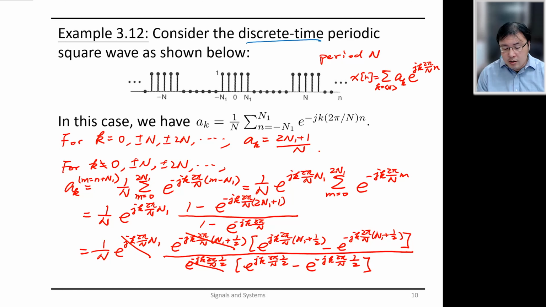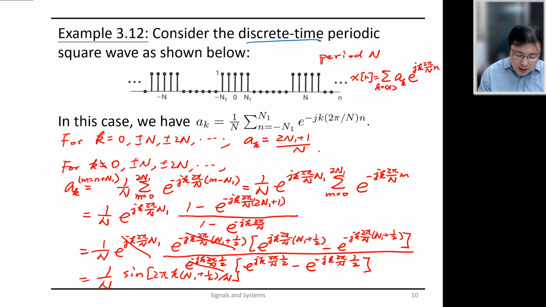So with 2j canceling out from both the numerator and denominator, we then get 1 over N, sine of 2 pi k (N1 plus 1/2) over capital N, divided by sine of pi k over capital N.